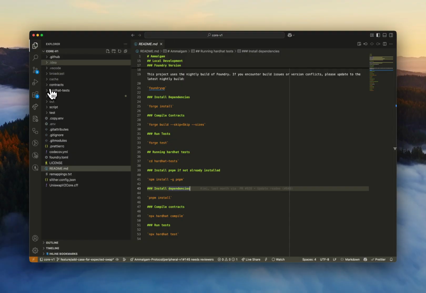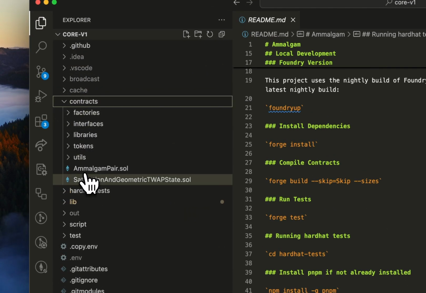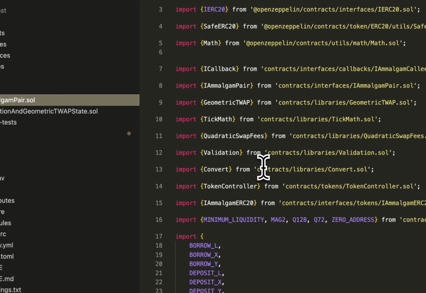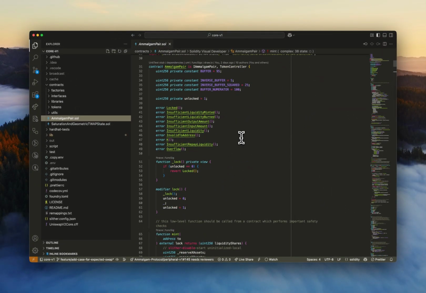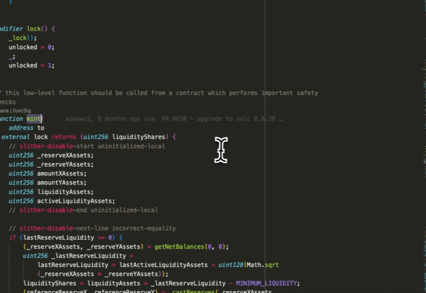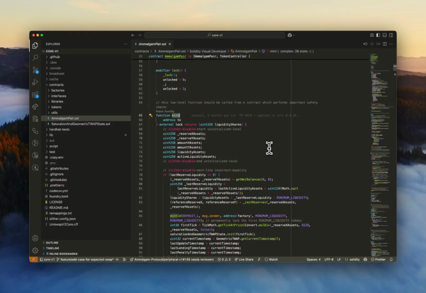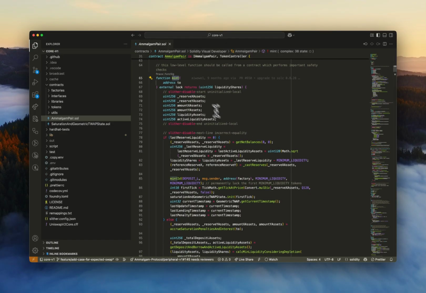The high level, like where everything starts from, is the Ammalgam pair. And this has the main functions to interact with the protocol. Mint, which is similar to Uniswap v2, where you're putting in a 50-50 split in value of the two assets, and then getting a receipt token representing that deposit.